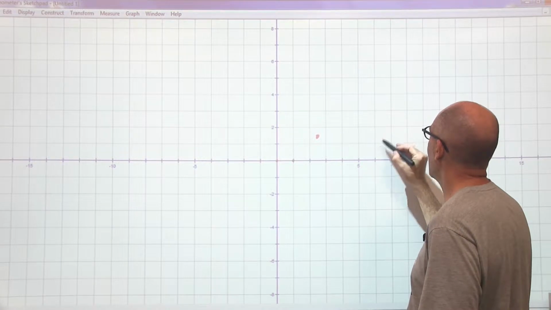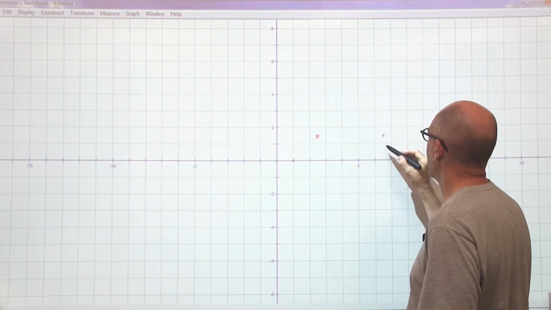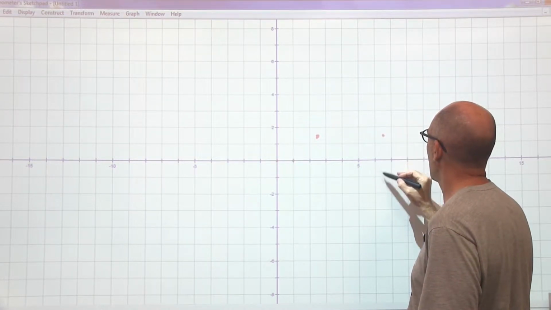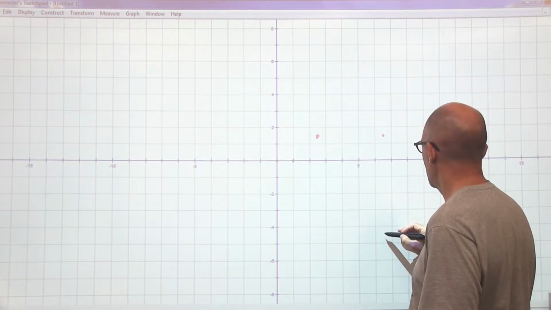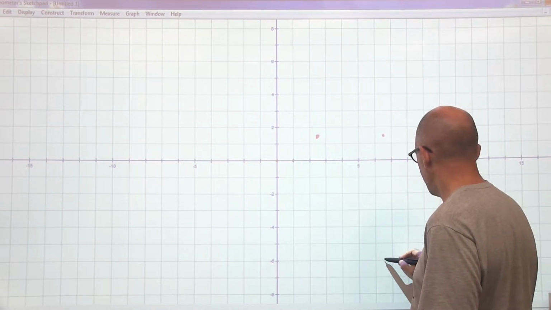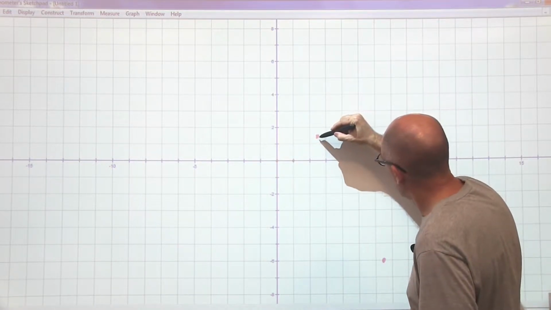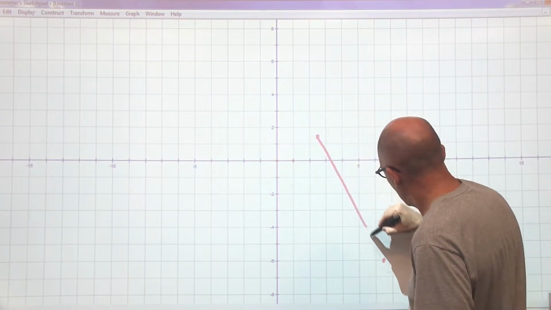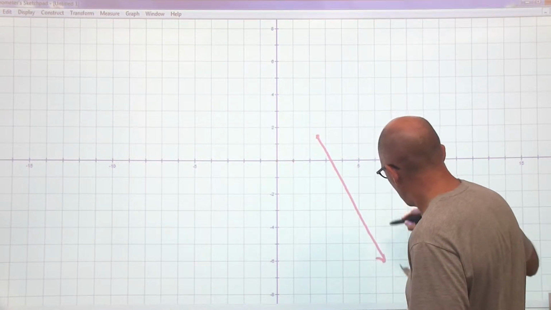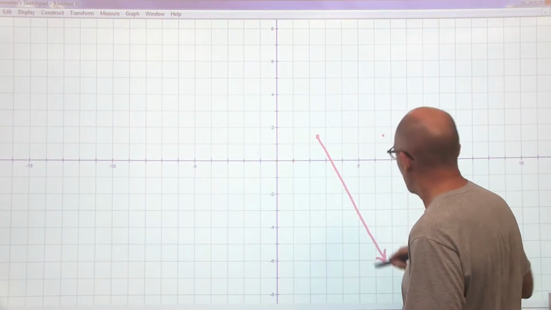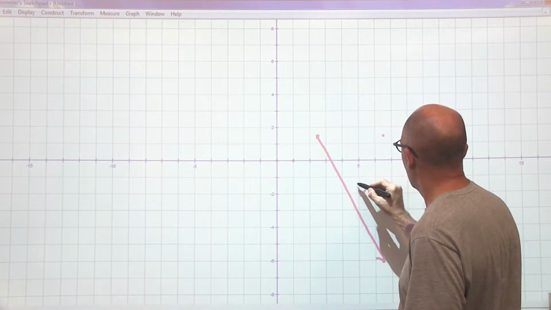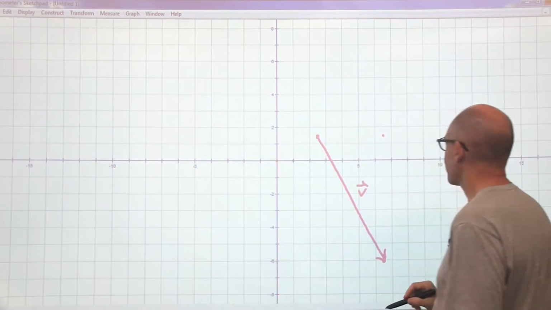And then down 15: 2, 4, 6, 8, 10, 12, 14, 15. So there is vector V.